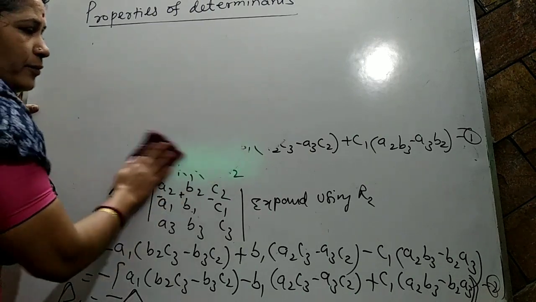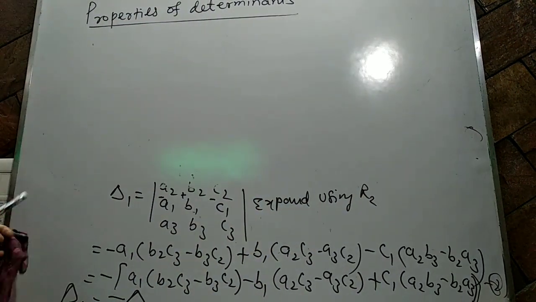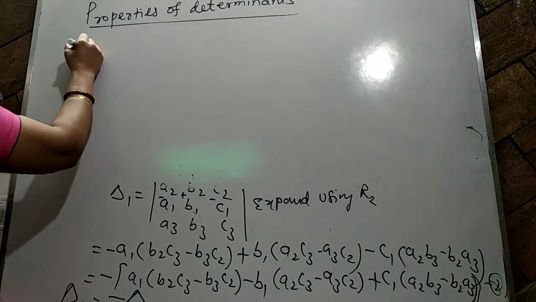Now, I'm taking another property. Have you written, everybody? Now, write property number 3.